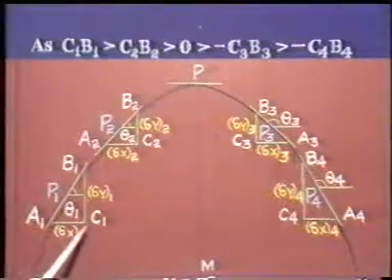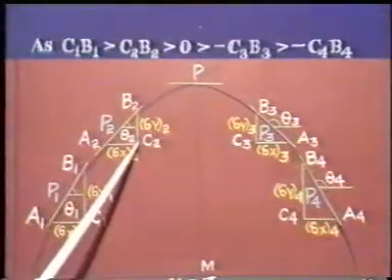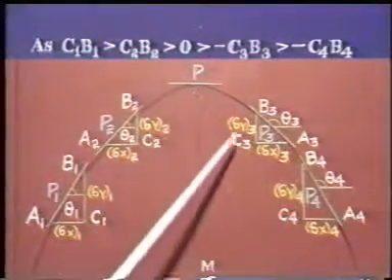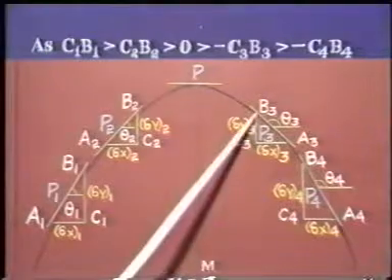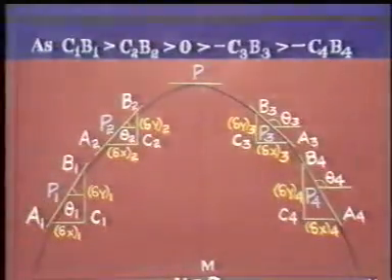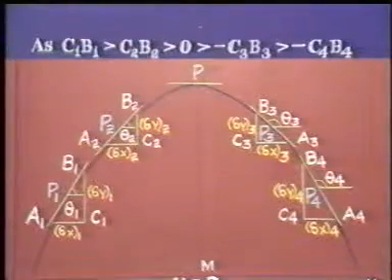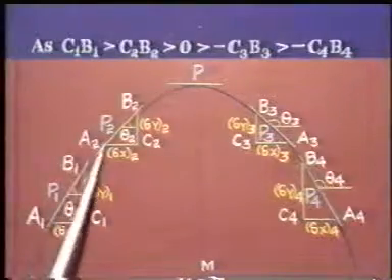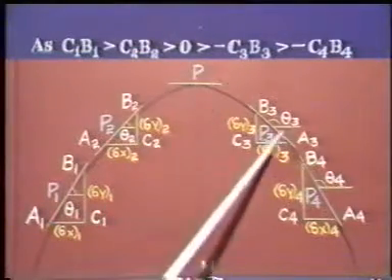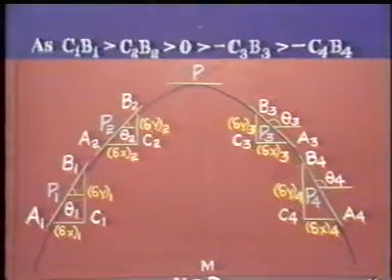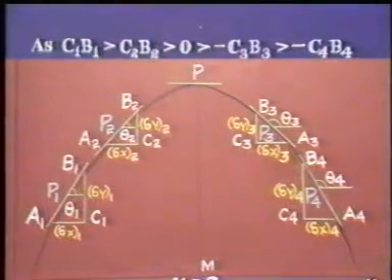As C1B1 is more than C2B2 is more than 0 is more than minus C3B3 is more than minus C4B4, we find that as we move along the curve in the neighborhood of the point P from P1 to P4, with the increase of x, the slope dy upon dx decreases.